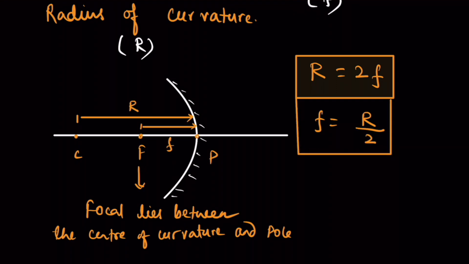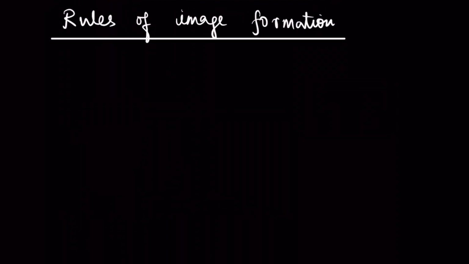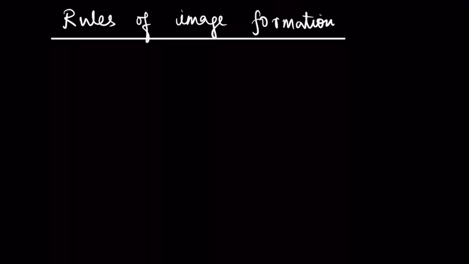In numericals, we can use this relation when we need to solve the problems. Next is rules of image formation. There are a few rules that we will apply in the image formation.